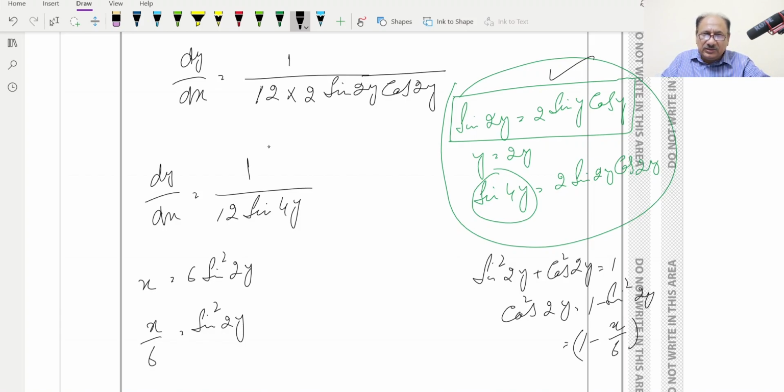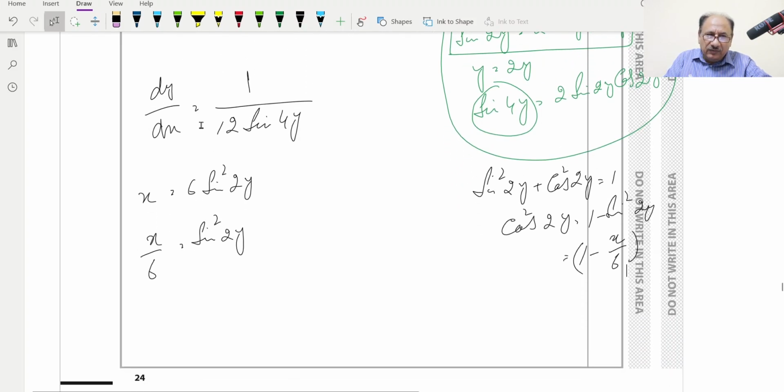And similarly sine 4y also we can find: sine square 4y will be equal to 4 sine square 2y cos square 2y.